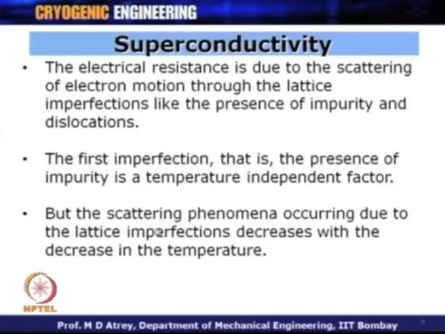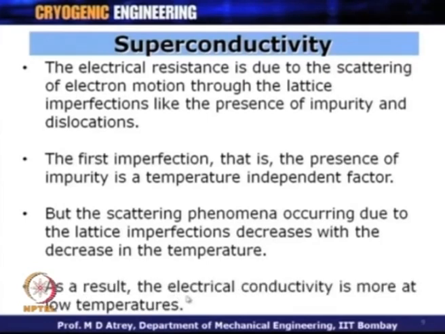Alright, this is what the analogy shows, that at lower and lower temperature, because the scattering phenomena is decreasing, the resistance to the flow of the electrons is decreasing. As a result, the electrical conductivity is more at low temperature. This simple argument shows that at lower and lower temperature, the electrical conductivity of the material increases.